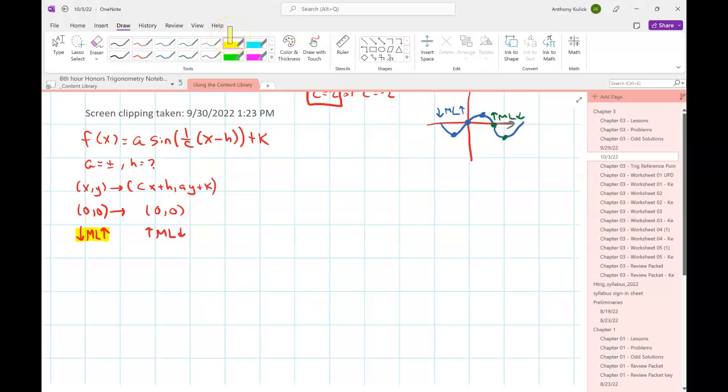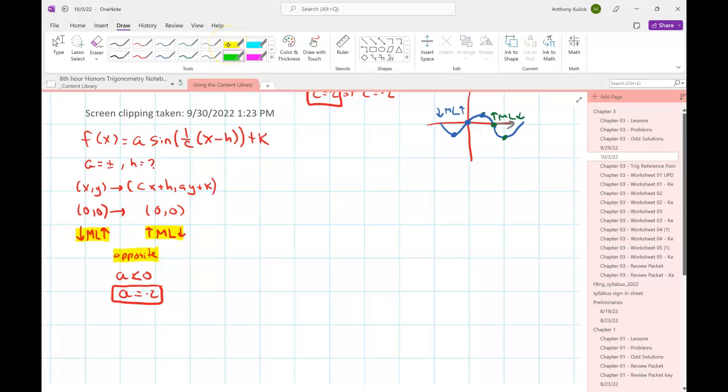So my first observation is I notice that these are opposite. Everybody see that? They're the different types of midline points. Well, what that tells me is that the A needs to be negative. So we're going to take the -2 for A. Everybody's okay with that?